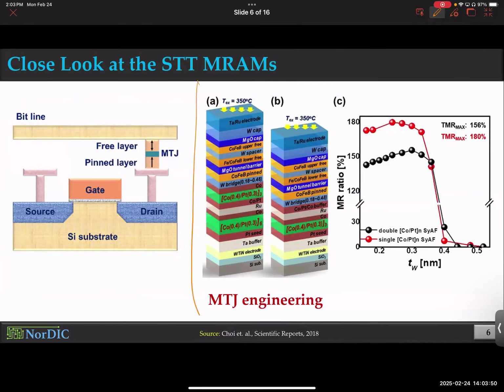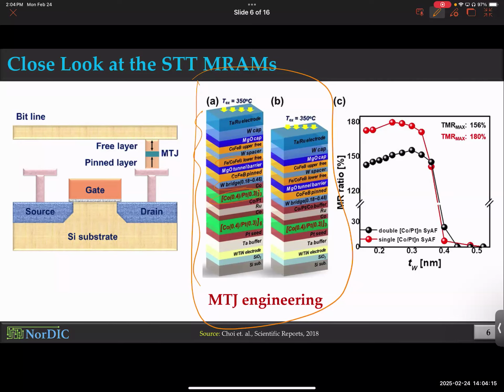Now, take a look at this MTJ structure. Did I tell you that the MTJ is not really just three layers of materials? There are many more. These are actual pictures of how the MTJ looks. I haven't counted, but maybe 10 to 12 different layers of materials, okay? And most of these are fancy, strange materials, not elements like silicon or germanium, for example.